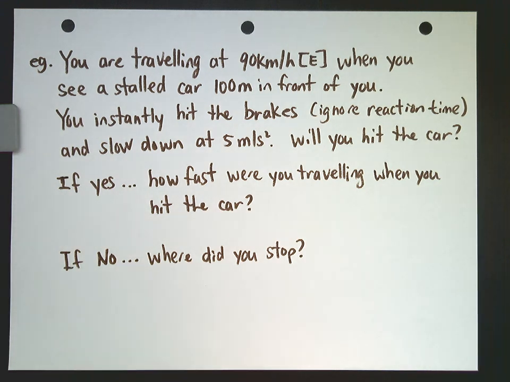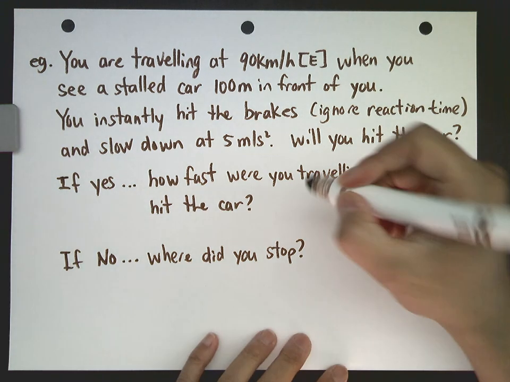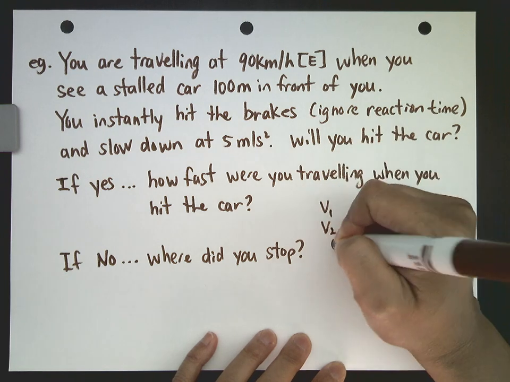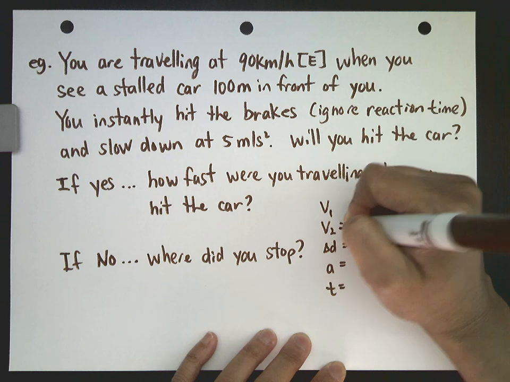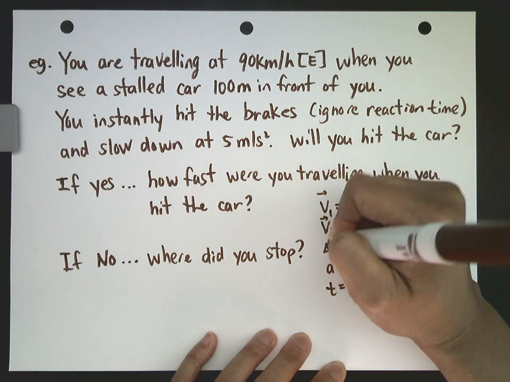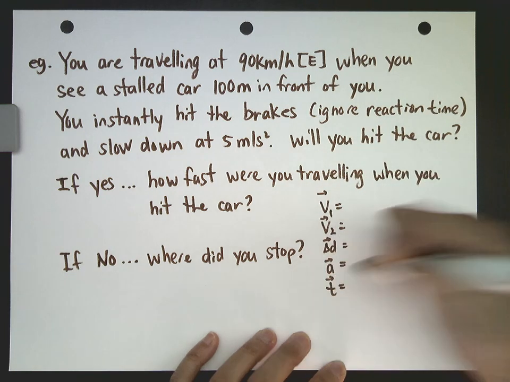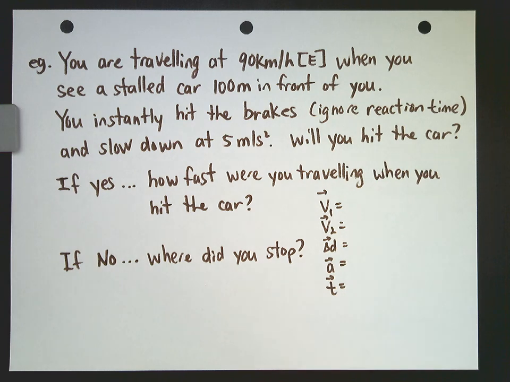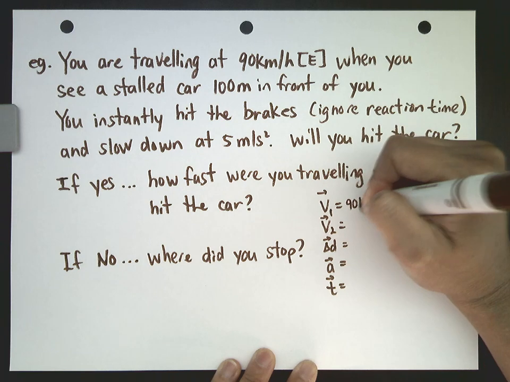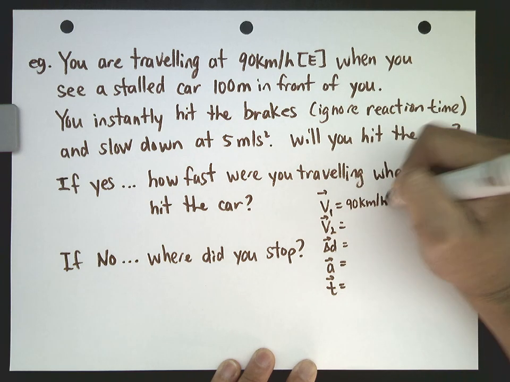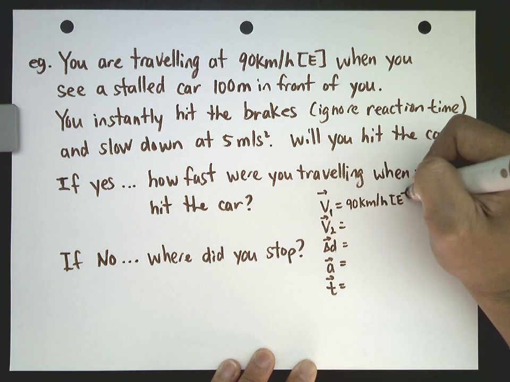All right, so let's list our variables again. V1, V2, d, a, t. Perfect. Okay, so there's our variables. We are initially traveling at 90 kilometers per hour, and we are headed east.